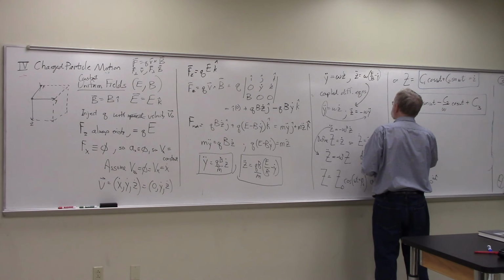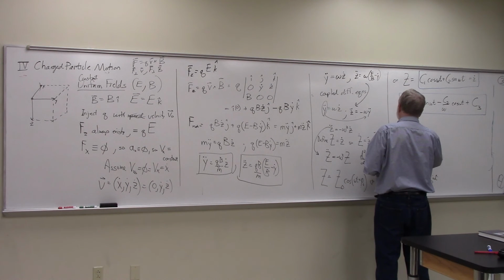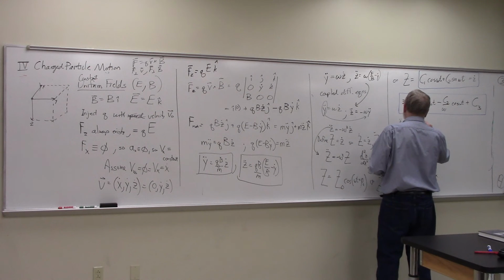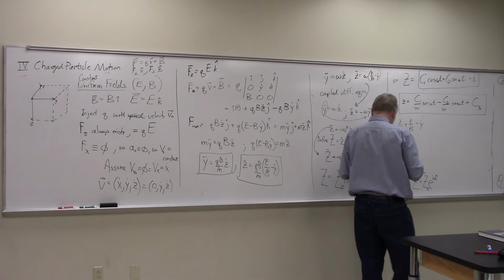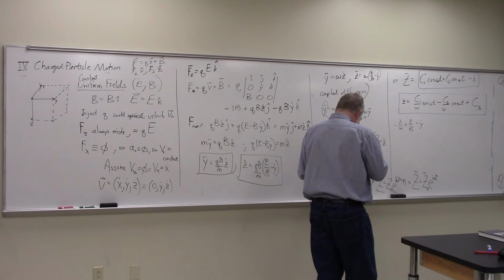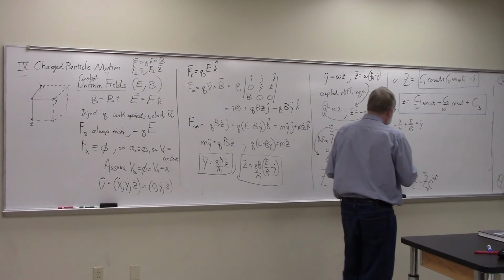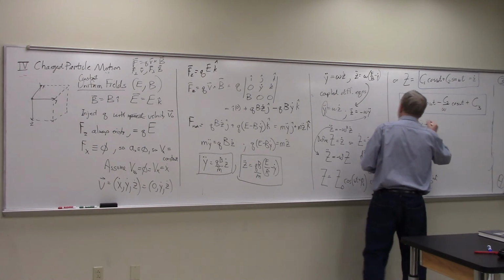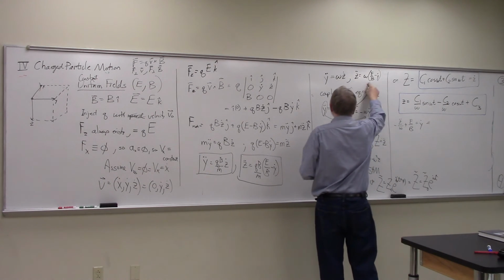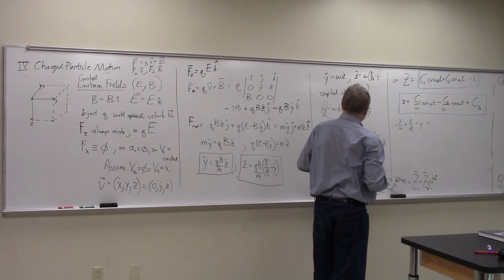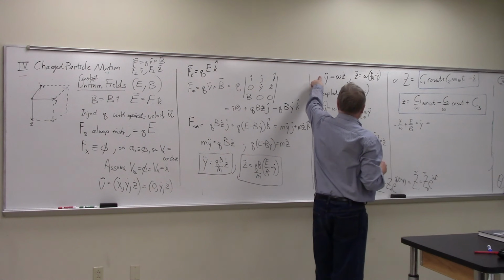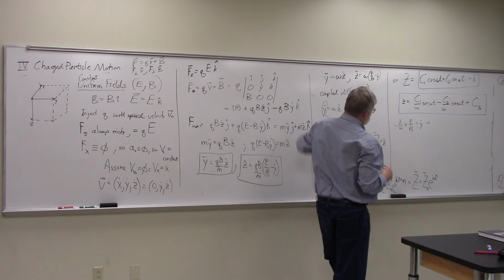Z double dot over omega. Is that right? Y dot is E over B minus Z double dot over omega. I got that just from undoing this equation. Could have used this one again, but then I would have had to integrate twice. If I go for Y dot, I only have to integrate once.